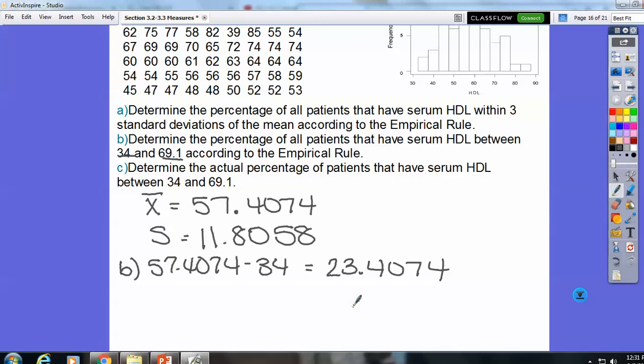Okay. Now, you could also, if you wanted to measure the 69.1, you subtract off your mean from that.